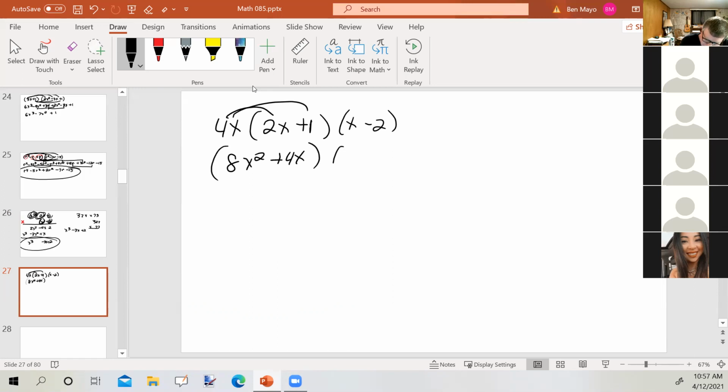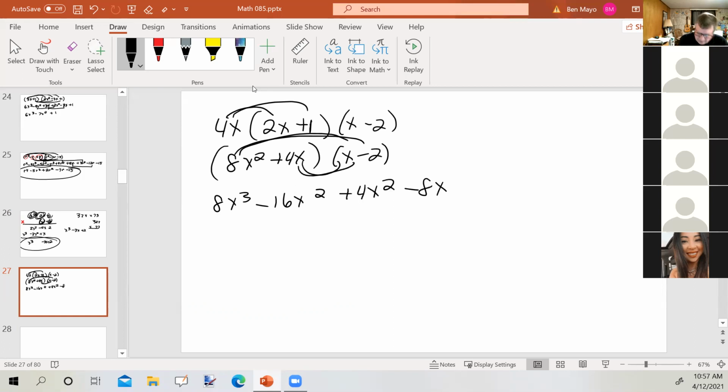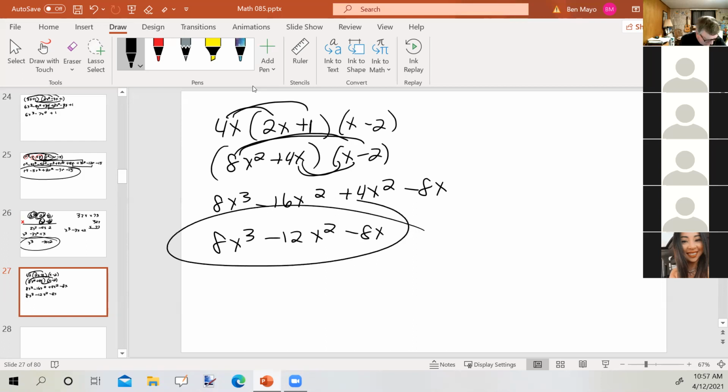Then we're going to take the results times the last binomial. So then we get 8x cubed minus 16x squared plus 4x squared minus 8x, which is 8x cubed minus 12x squared minus 8x. Any questions there?